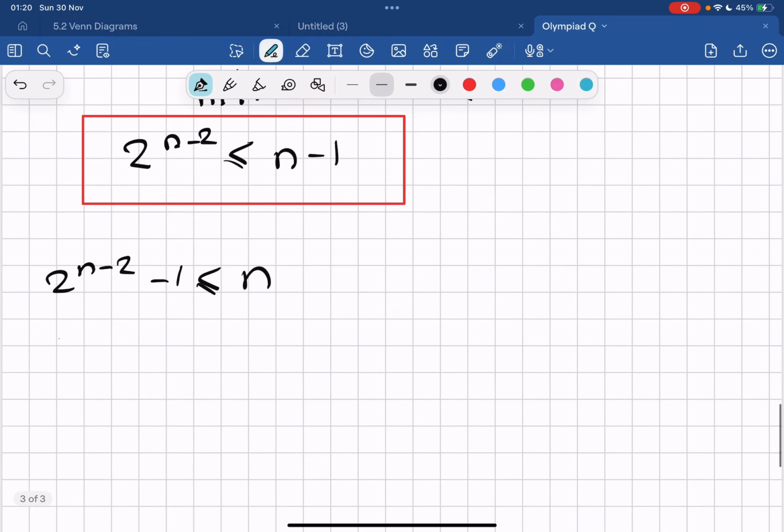So if we sub in n as 2, we get 2 to the 0, we get 0 is less than or equal to 2, which works, correct?